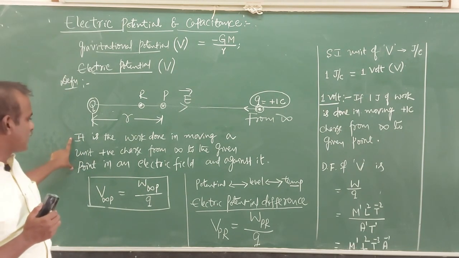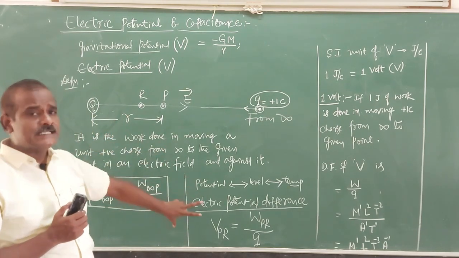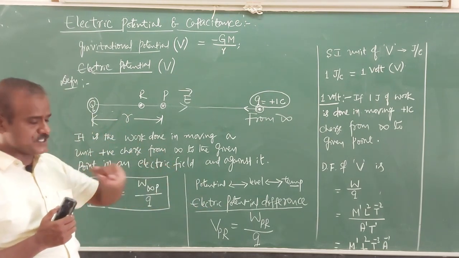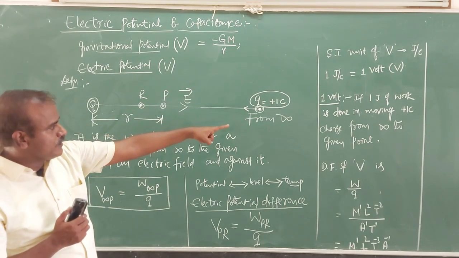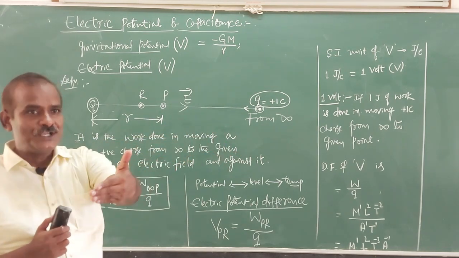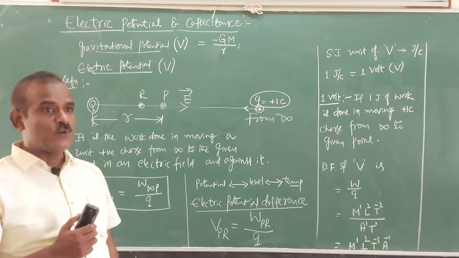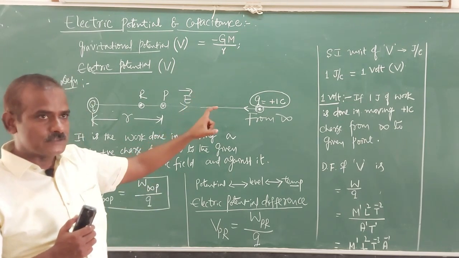So the definition of electric potential difference follows on the same lines, except that it is between two known points. Mathematical expression, SI unit, and definition are written. The SI unit is volt, remember from now onwards, volt. Although commonly we say voltage, high voltage, low voltage, the same term is defined here as volt.